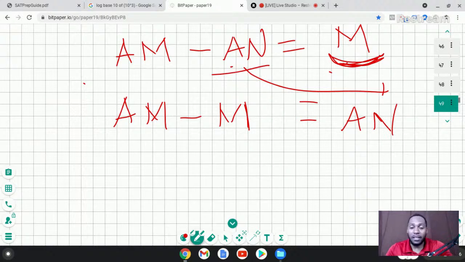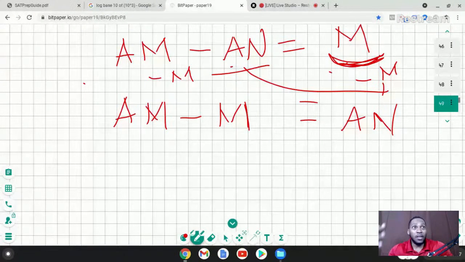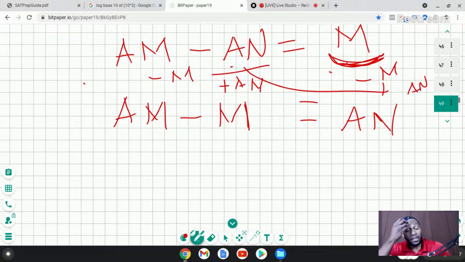The other way to think about this is the same thing as saying I add negative m to both sides, and then in the next step I add positive an to both sides. It's the same way to think about it, and the way that I'm doing it is normally faster.